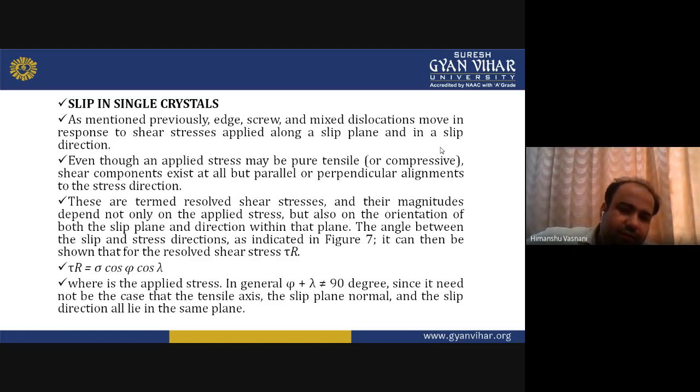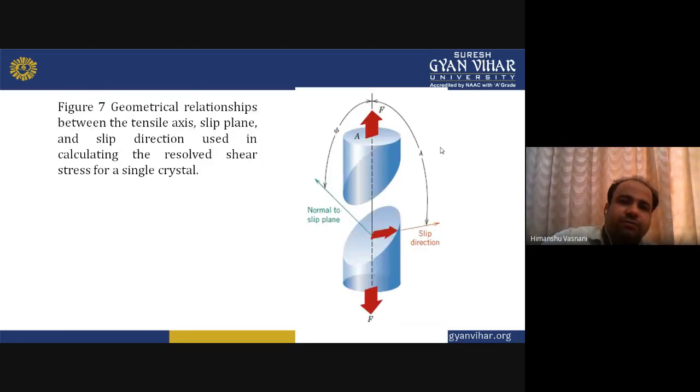Now we have the formula: tau R equals sigma cos phi cos lambda. Both angles are not equal to 90 degrees, so this system should be clearly understood.